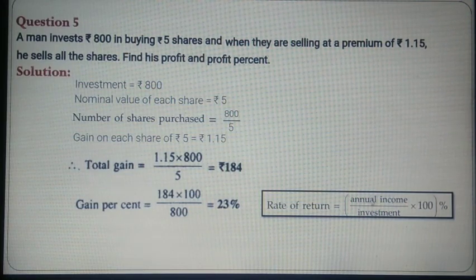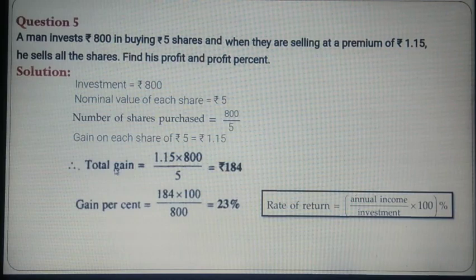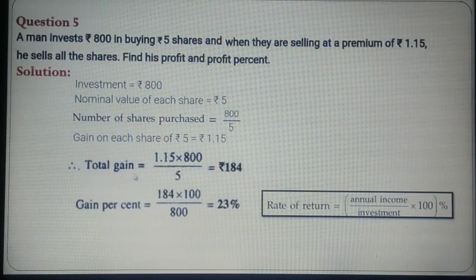So here the annual income, that means total gain, is 184 because he is gaining this much, right? This is the annual income. So annual income, that is 184 into 100 divided by the investment, and the investment is rupees 800. So just simplify it, your answer will be 23%. So pause the video to note down.